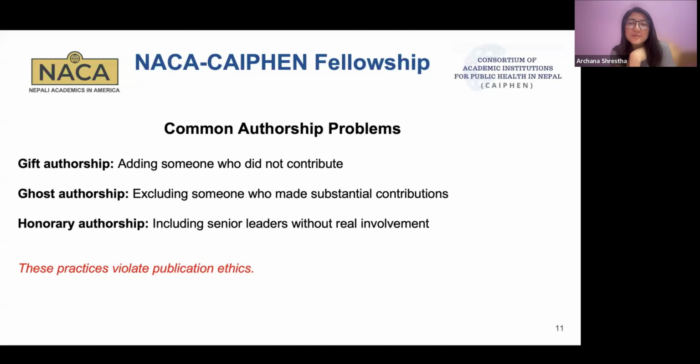I don't know if it is about pleasing, if it is the culture, or if it is expected, but honorary authorship is very common, yet these violate publication ethics. So in many ways, your department head, your dean, the vice chancellor should not be part of your co-authors list.